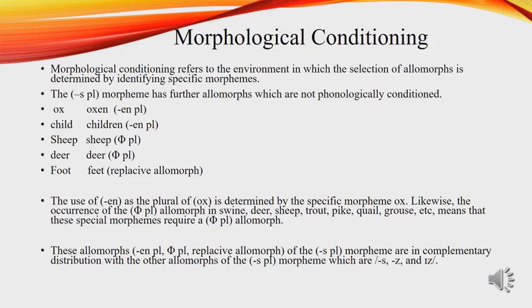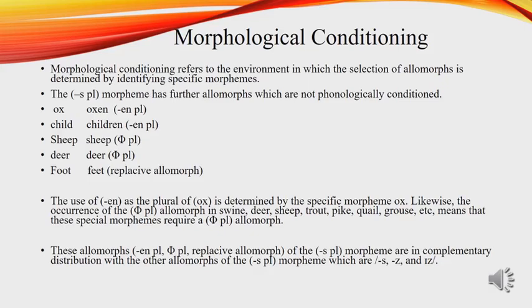The allomorphs of the S plural, the en plural allomorph, zero plural allomorph, and the replacive allomorph, which are all morphologically conditioned, in addition to the se, ze, and is, which are phonologically conditioned, cannot be replaced by each other. They are in complementary distribution. We cannot use one in the position where the other should be used.